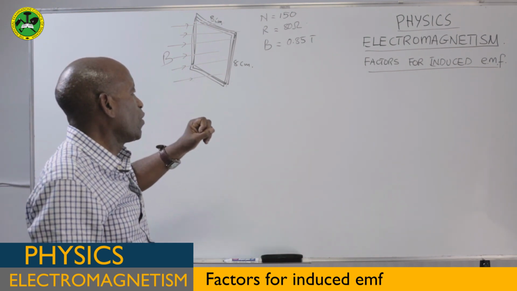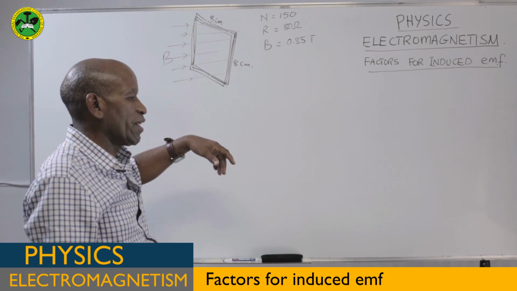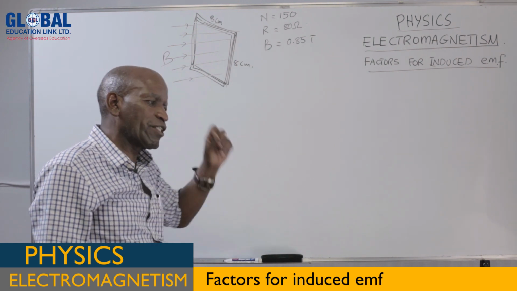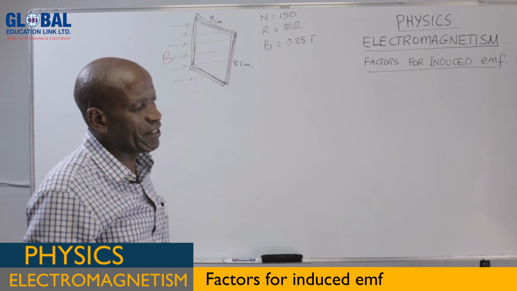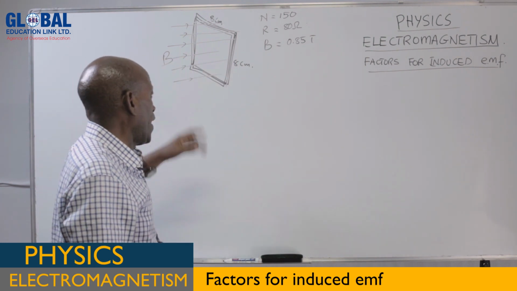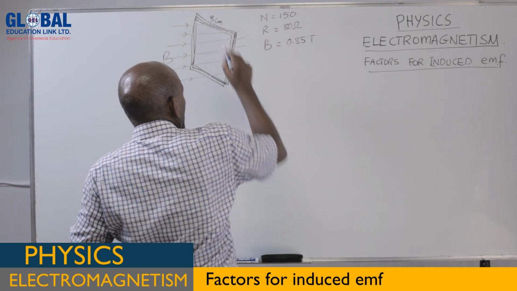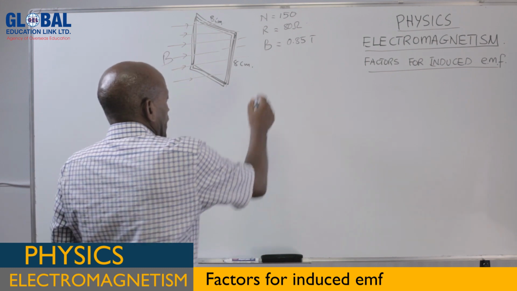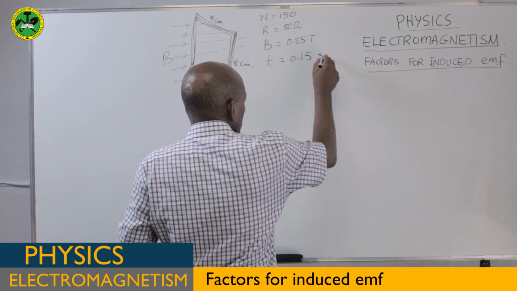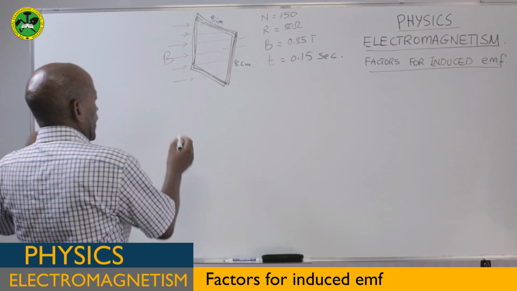After that induced EMF is there, we are being asked to determine what will be the energy that will be dissipated in that coil. So that is the situation we are having, and we need now just to solve. The time for removal is 0.15 seconds.